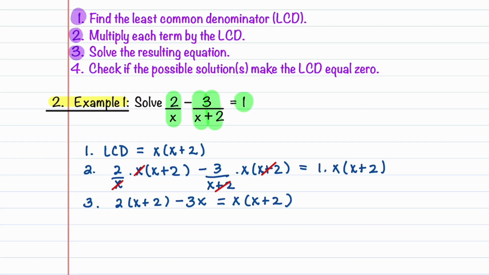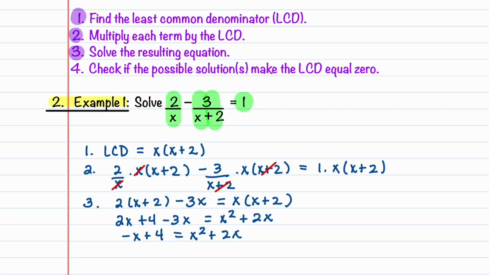Now let's multiply everything through. On the left, we have 2x plus 4 minus 3x, and on the right, we have x squared plus 2x. Let's simplify some more on the left. This is a minus x plus 4, and on the right, we just have x squared plus 2x.